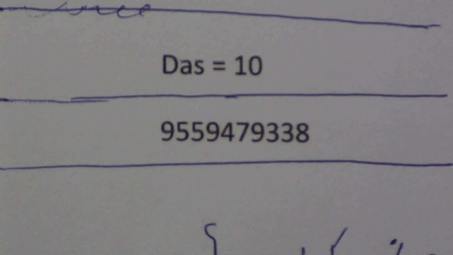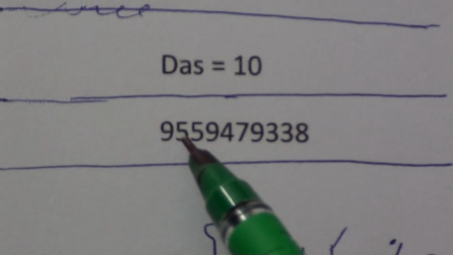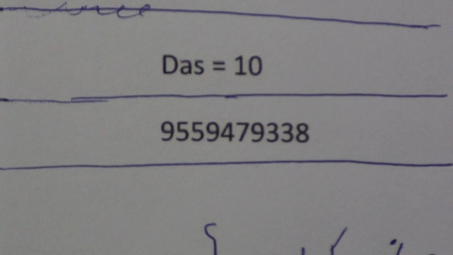So if we have to read this, we will start reading this number from here, this way. So the number is 9 5 5 9 4 7 9 3 3 8.